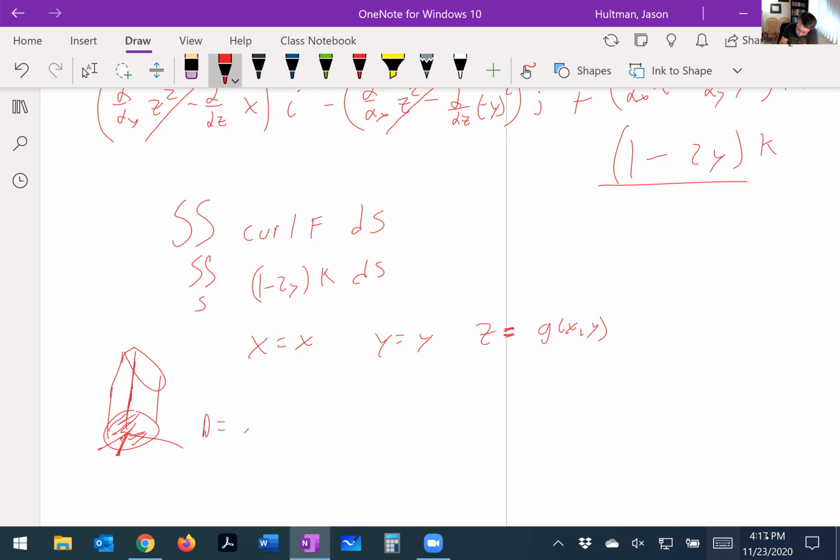D is the disk x squared plus y squared is less than or equal to 1. It's just that disk.